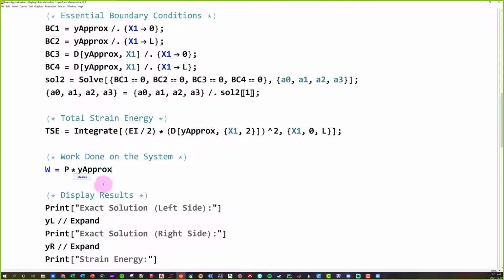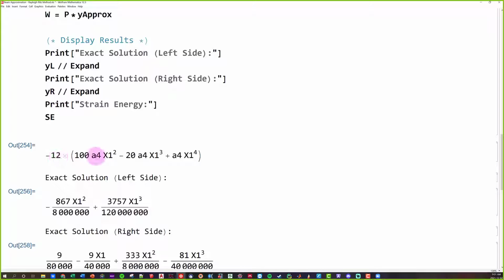When we're dealing with the displacement at a point, we have to substitute in that point. Again, here's going to be the trick. Both your total strain energy and your work done on the system should not ever be a function of x1. If I were to just run it, as we can see, it's a function of x1, which is a problem.